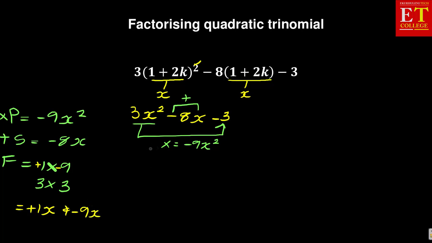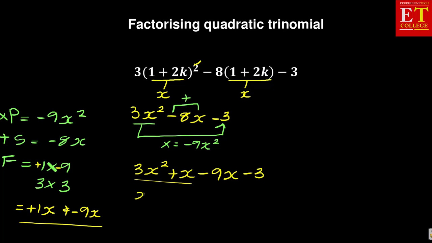So now if you continue writing this, you are going to have 3x squared. Where there was minus 8x, you write the two numbers, which is plus x, or 1x, which is the same, minus 9x, minus 3. So this x minus 9x is still your negative 8x. If you consider the first two, what is common is your x.